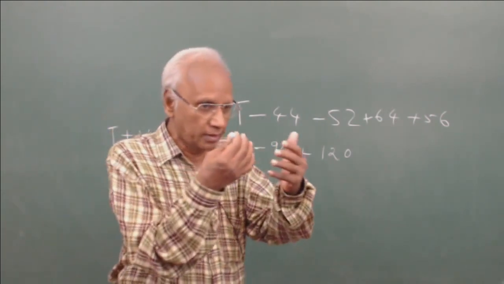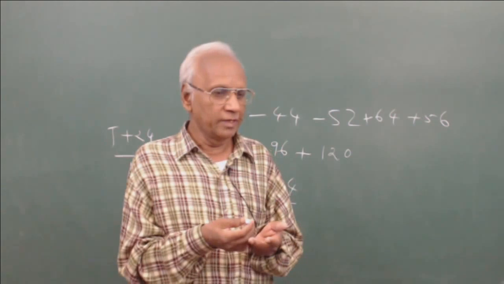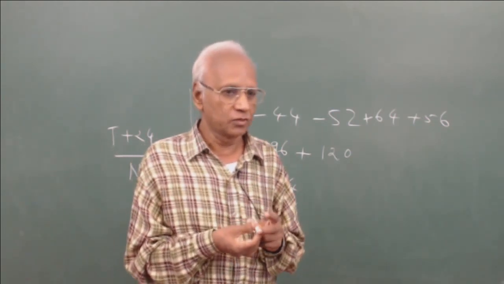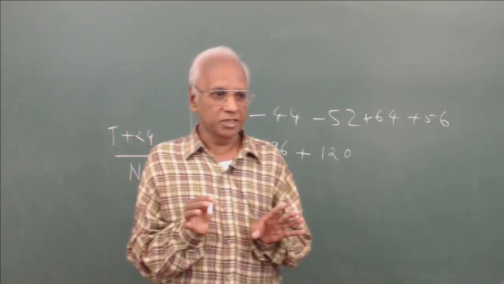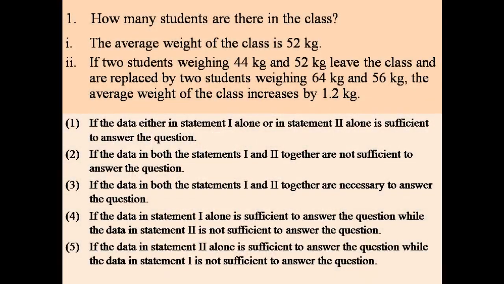So we are able to easily resolve that the number of students in the class is 20 by reading statement 2 alone, and statement 1 we have not used at all here. There will be some other types of questions where even after reading statement 2 you may not be able to do that. We will come to that when we go to some other question.